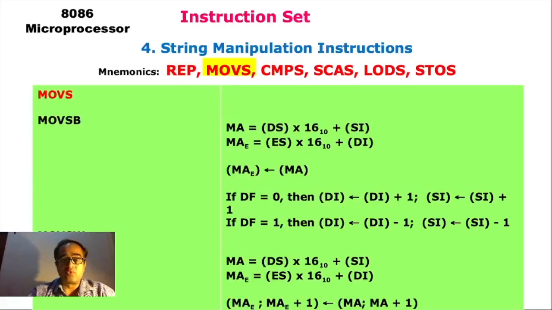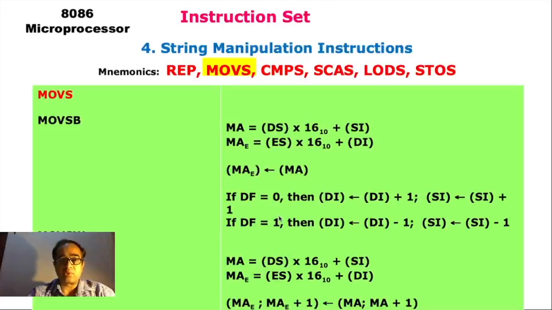Now coming to the move. Either you can move a byte or a word. For moving a byte, we actually do some calculations. If, for example, DF is equal to 0, then DI, that is destination index, is incremented by 1 and source index is incremented by 1. And if DF is equal to 1, then DI is decremented by 1 and source index is also decremented by 1.